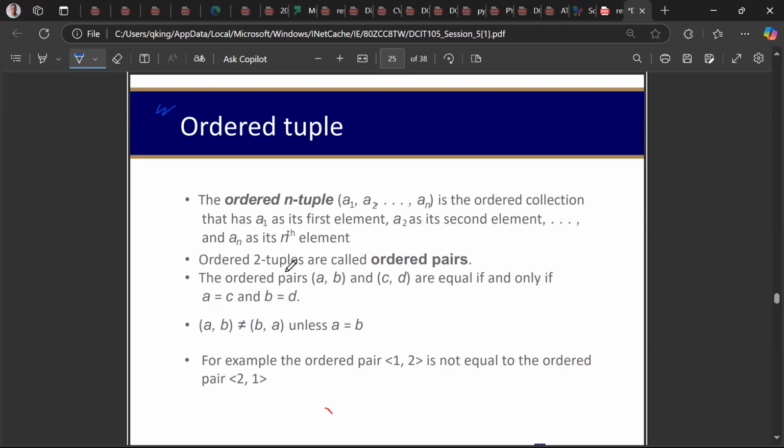Looking at two 2-tuples, we have (a, b) and (c, d). We are saying that (a, b) and (c, d) are equal if and only if a is equal to c and b is equal to d.